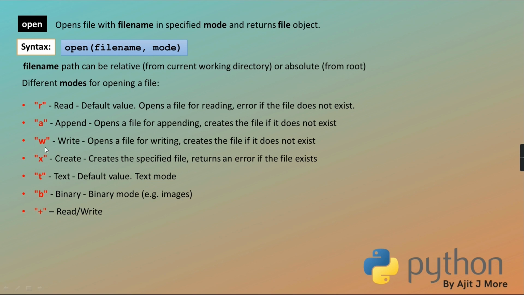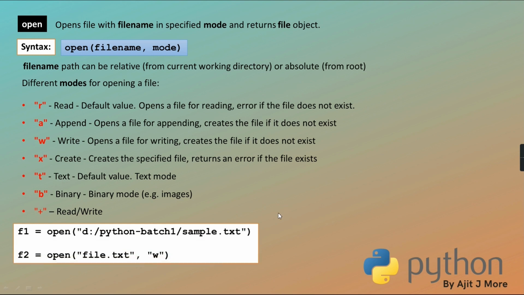But if you attach X, then if it exists, it will give an error. It won't truncate the data. Opening only will fail. And you can tell the file is a text file with T, if you want to tell it is binary, B, and plus sign also you can attach. So R plus means read write, append read, write read. Okay, so it forms that combination.